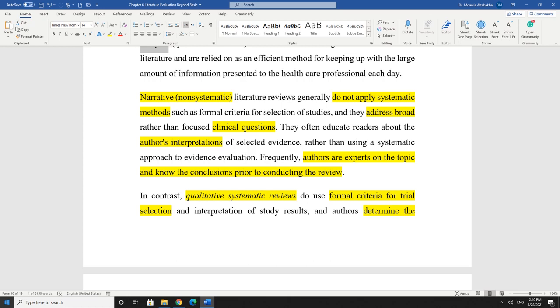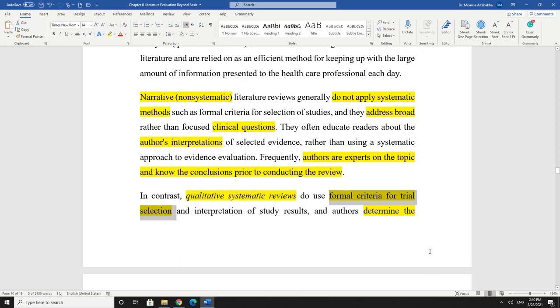Now these reviews have been largely replaced by systematic reviews, such as the qualitative or quantitative reviews. Now, in the qualitative and quantitative, there is a formal criteria for trial selection. They have criteria for how they select trials, what should be, for example, the period of publication, the language, what should be the method. This is very, very important.